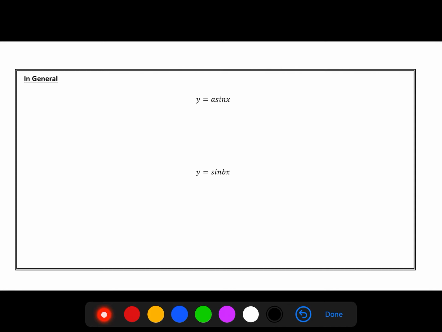So, in general, our a value out front of sine x means a vertical stretch or compression. It is a vertical stretch when a is greater than 1.